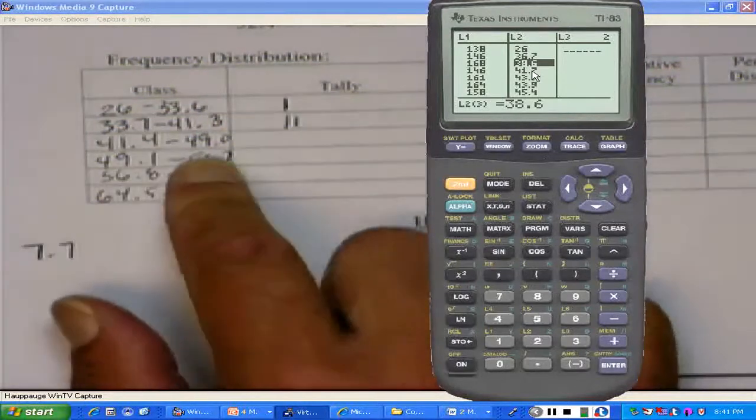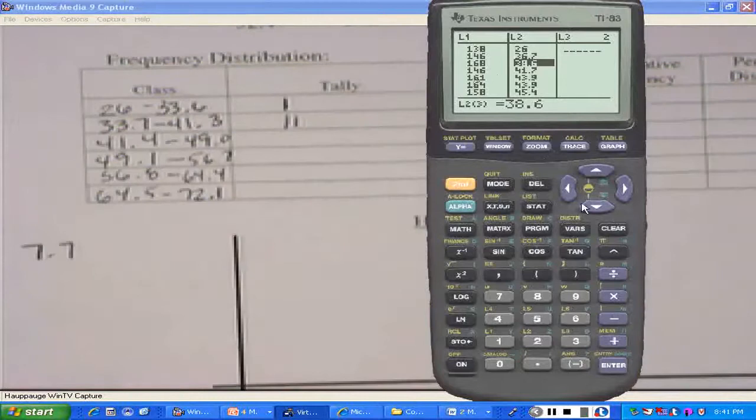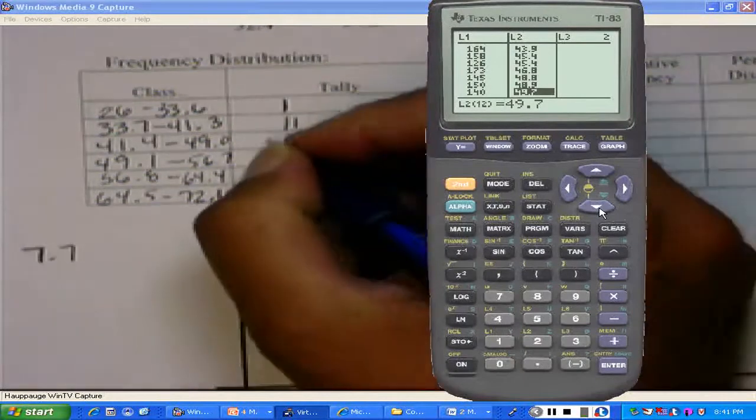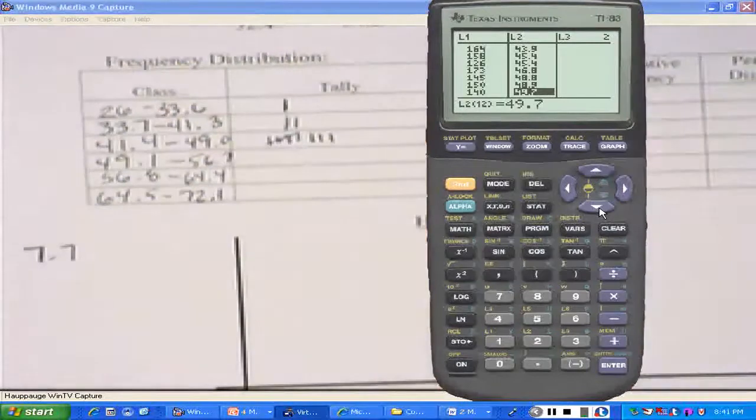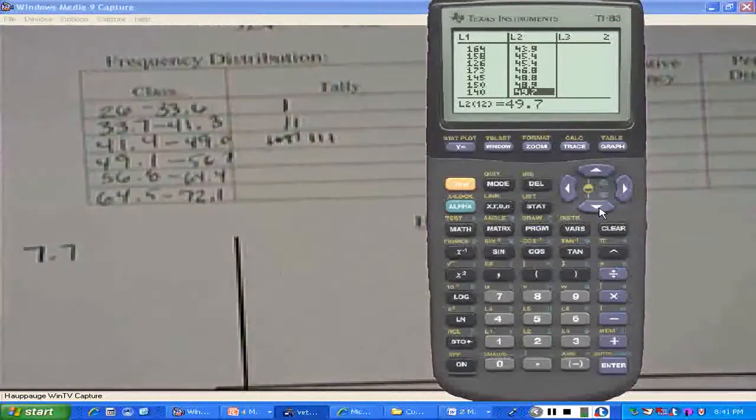From 41.4 to 49, we have what? 1, 2, 3, 4, 5, 6, 7, 8. And that's it, right? 8. What about for 49.1 to 56.7?